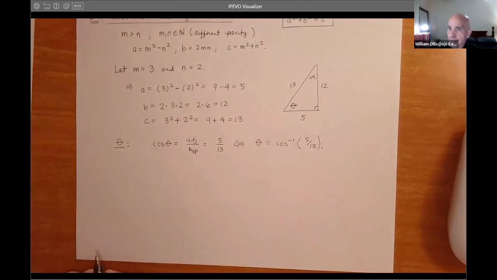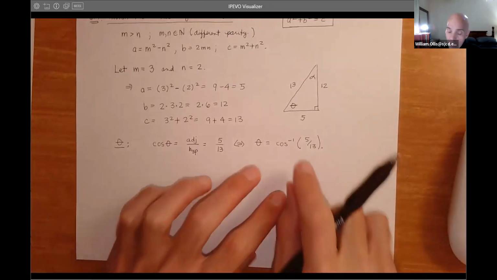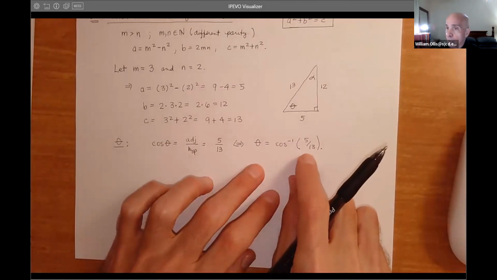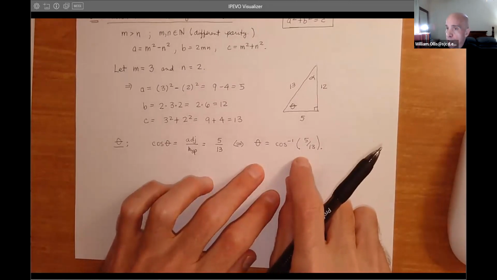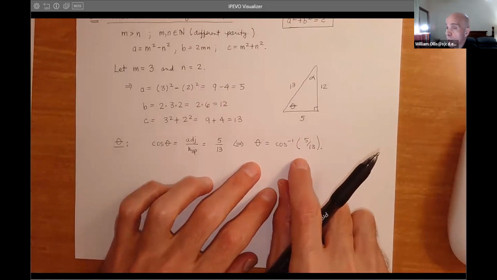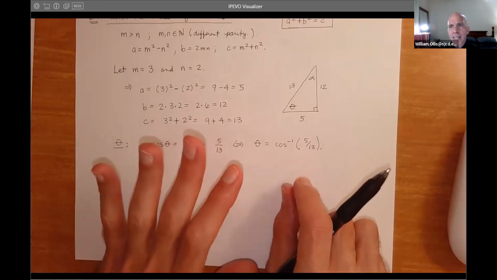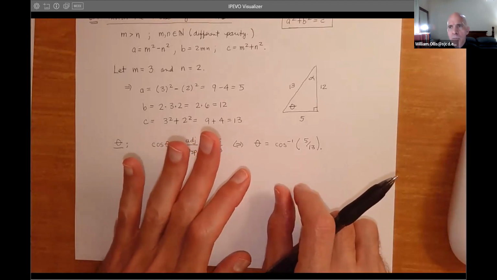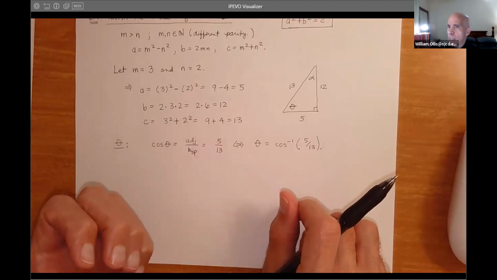Now, if we're doing a problem in physics, maybe your professor says, you don't have an infinite series here, so you can use your calculator and give me an approximate angle in degrees. Or he might say, no, I need it in radians. So you'd have to make sure you were in your radian mode.